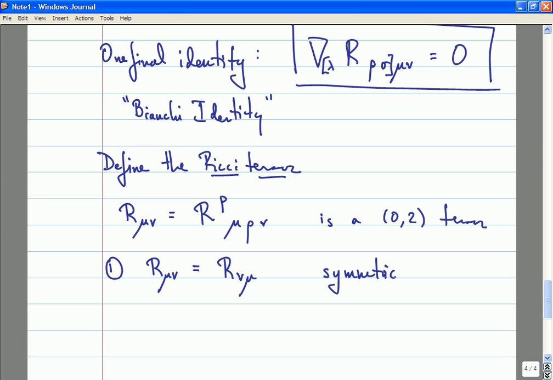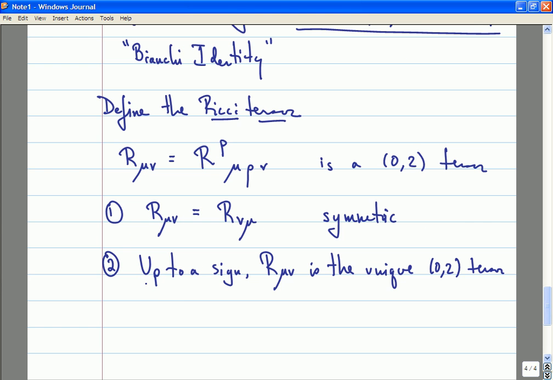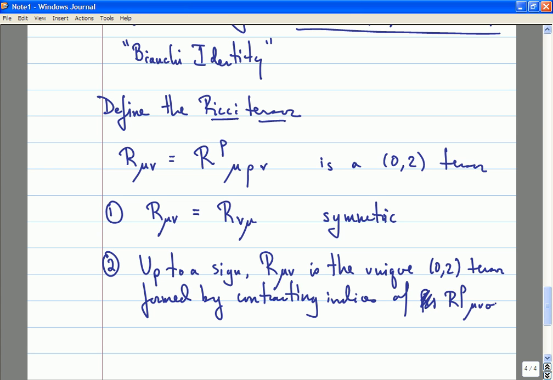And moreover, up to a sign, R mu nu is the unique 0, 2 tensor we can form by contracting indices of the Riemann tensor. So I encourage you to try and check that.